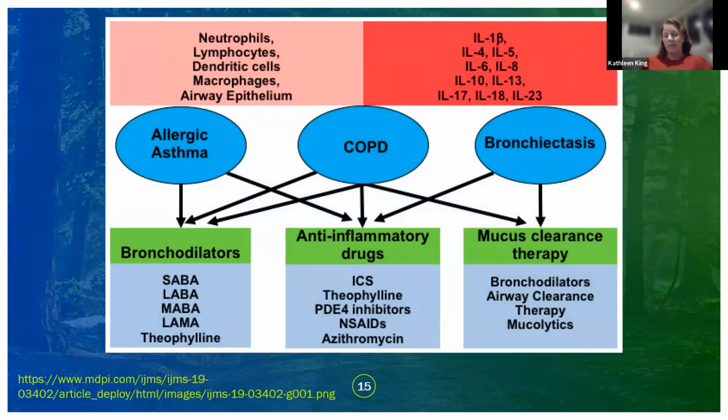So what do we do for this? Ignore all the pink and the red. That's kind of high level stuff. I know what it is, but you don't need to. For allergies and asthma, we typically use what we call bronchodilators. Bronchodilators are things like inhalers, albuterol. Sometimes those are steroids too, but usually a bronchodilator is your albuterols, your inhalers.